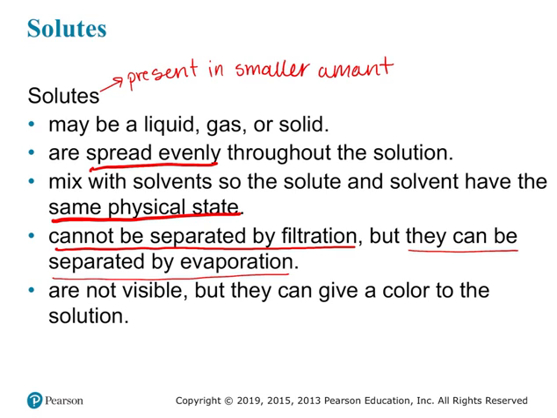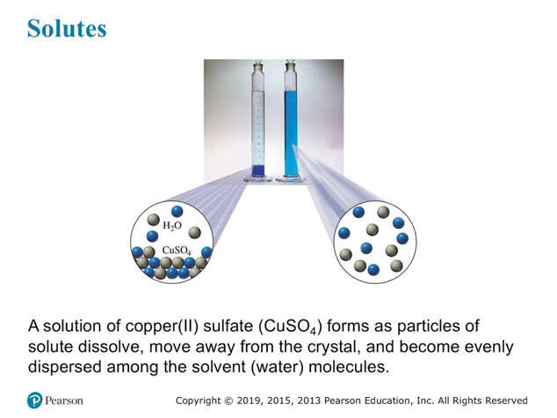Now, solutes are also not visible, but they can give a color to the solution. So one example is copper sulfate, or copper 2 sulfate, I should say. If we initially add copper 2 sulfate to water, let's say initially it's not really spread out, but if we mix everything, and as copper 2 sulfate dissolves, eventually the particles are going to spread out in the water.